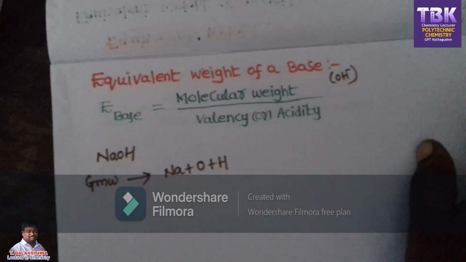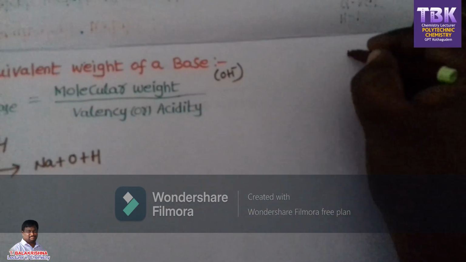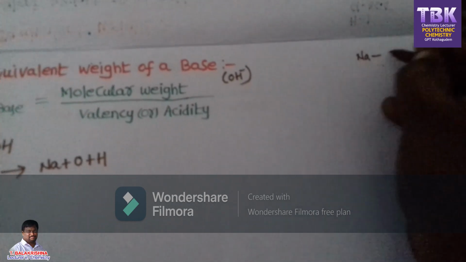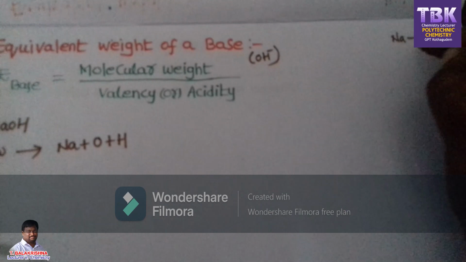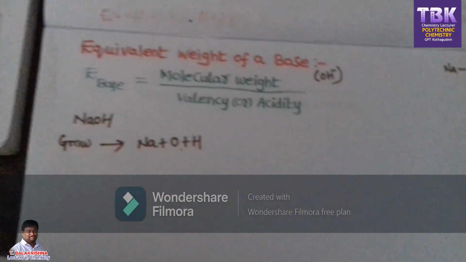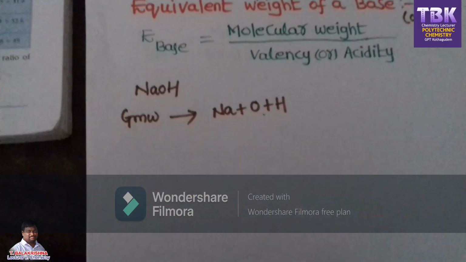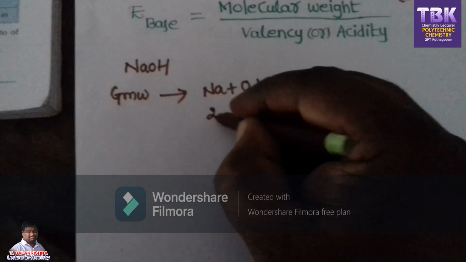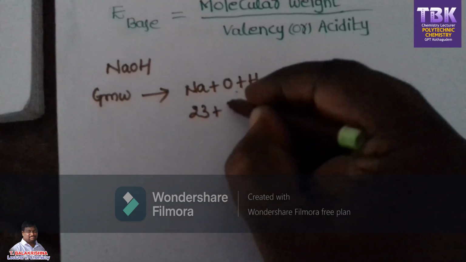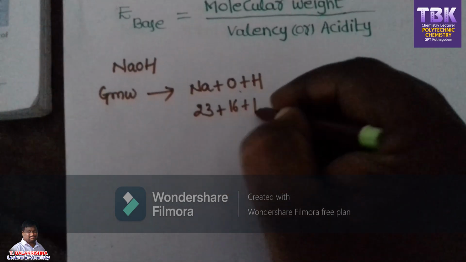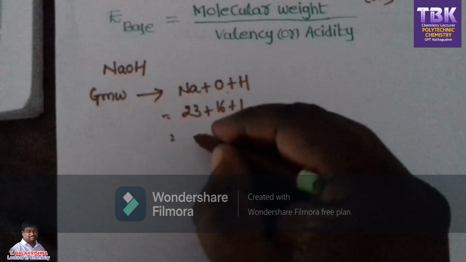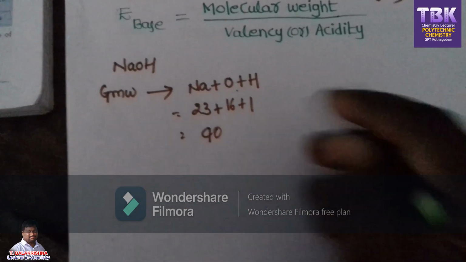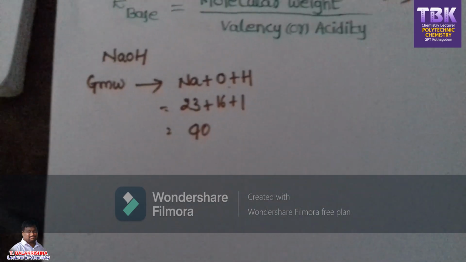The sodium atomic number is 11, weight is 23. Remember this 23. Oxygen is 16 and hydrogen is 1. So 23 plus 16 plus 1, total 40. It is the gram molecular weight.